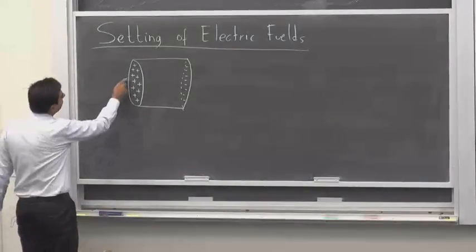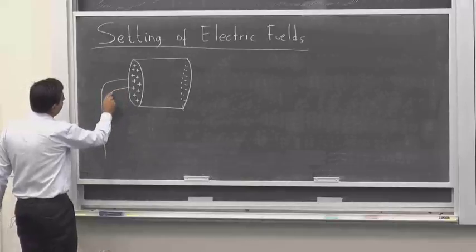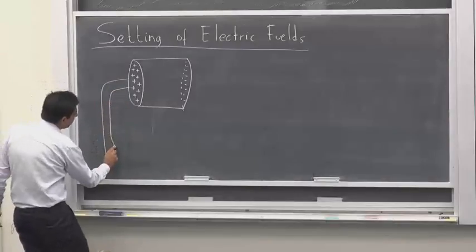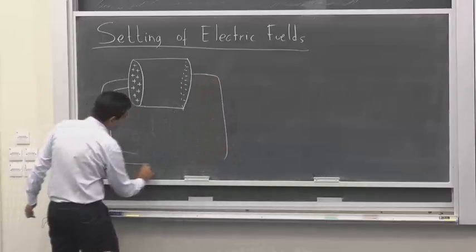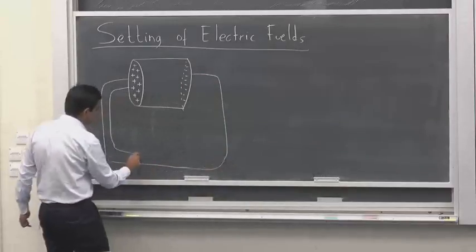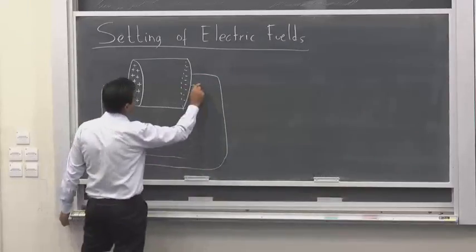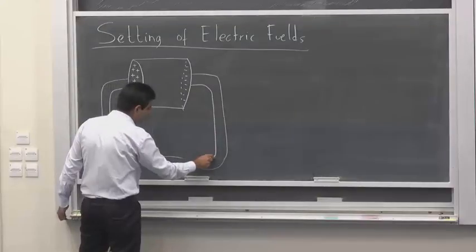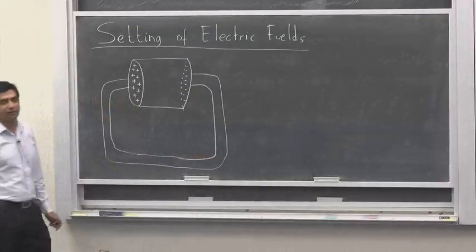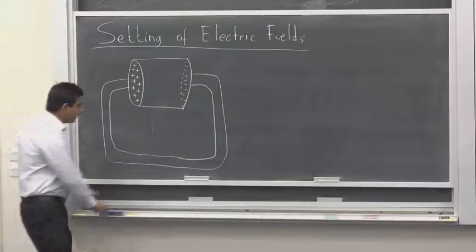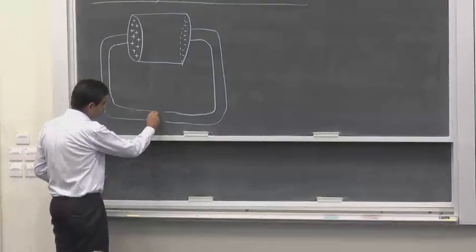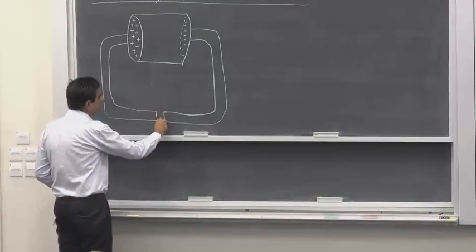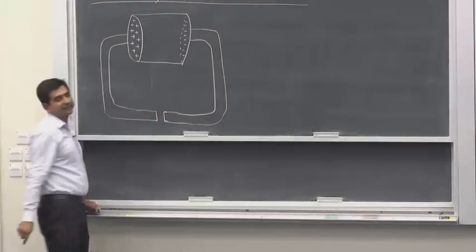Now this battery is connected to a circuit, and I represent that circuit by a simple wire. This wire may have some resistance. So this is a simplistic representation of the circuit. Now in the circuit that I'm going to draw, I'm not going to close this circuit, rather there is a gap and there's air inside this gap.